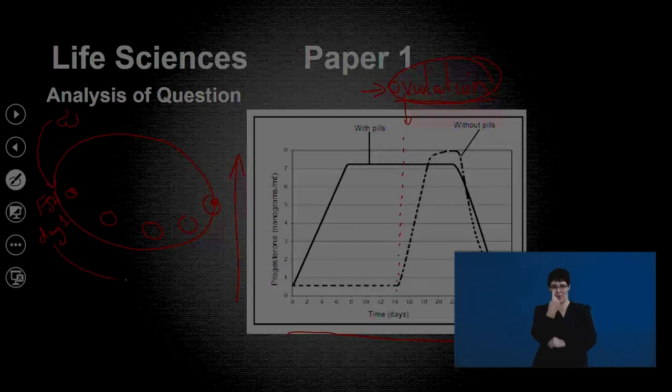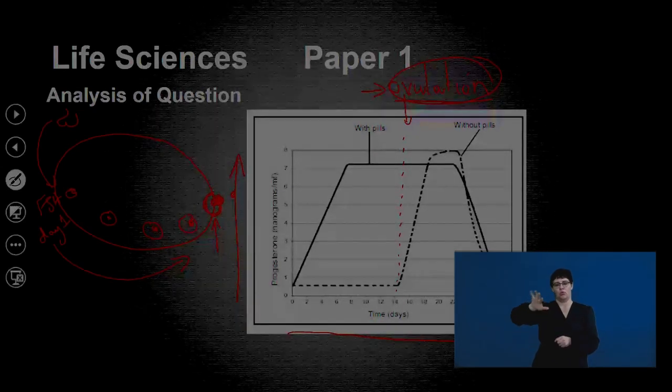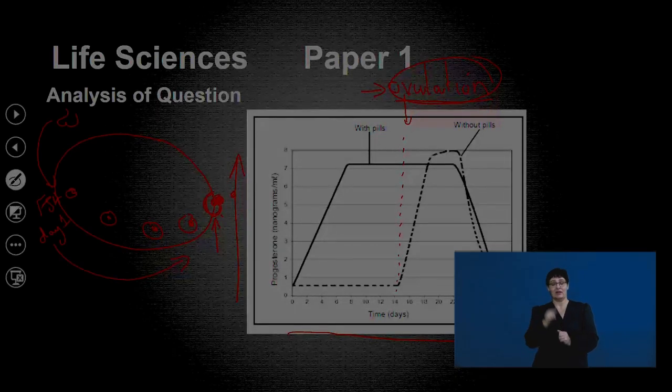That follicle develops gradually under the influence of FSH to become a mature follicle having a secondary oocyte, or we refer to that as an ovum. On day 14, a mature Graafian follicle ruptures and releases a secondary oocyte. This process, as I referred to, is called ovulation.